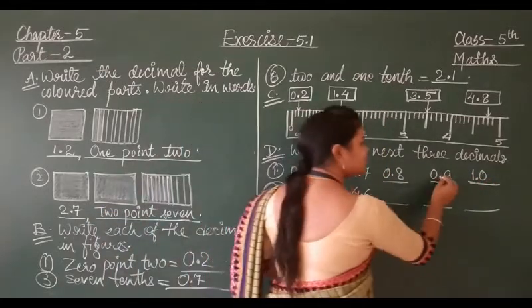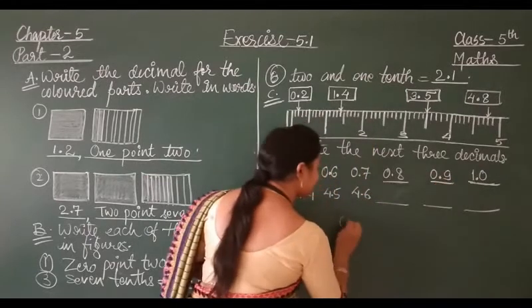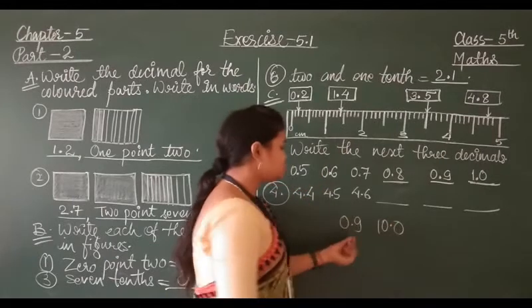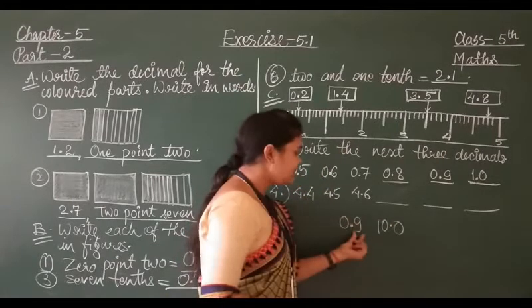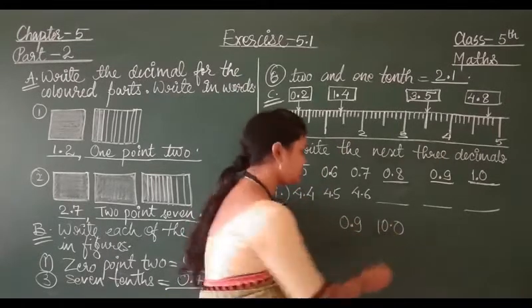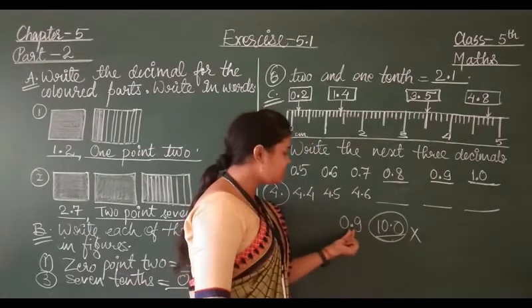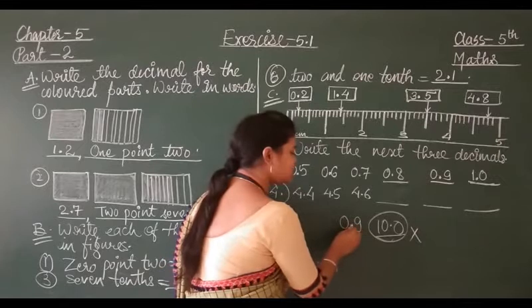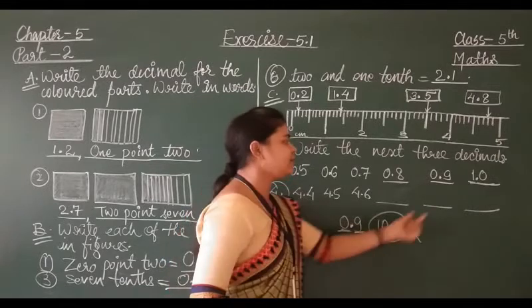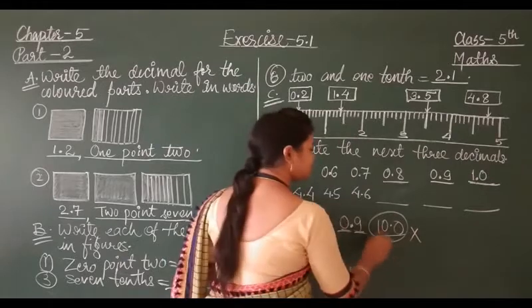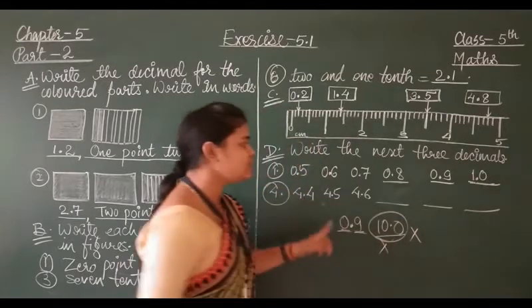Why students? Because if you are writing 0.9 and I am writing 10.0, then after the point 9 is there, here after the point 10 is there. So this will be wrong. Why? Because after the decimal only one digit is there and here after the decimal we have put 2 digits. So this is not the right answer.